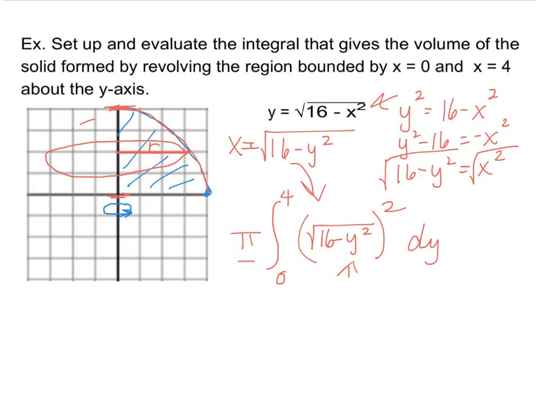I worked it by hand, and I ended up with pi times, because the square root squared is just going to be what's underneath, y to the third over 3 plus 16y from 0 to 4. And so I ended up with 128 over 3 times pi.